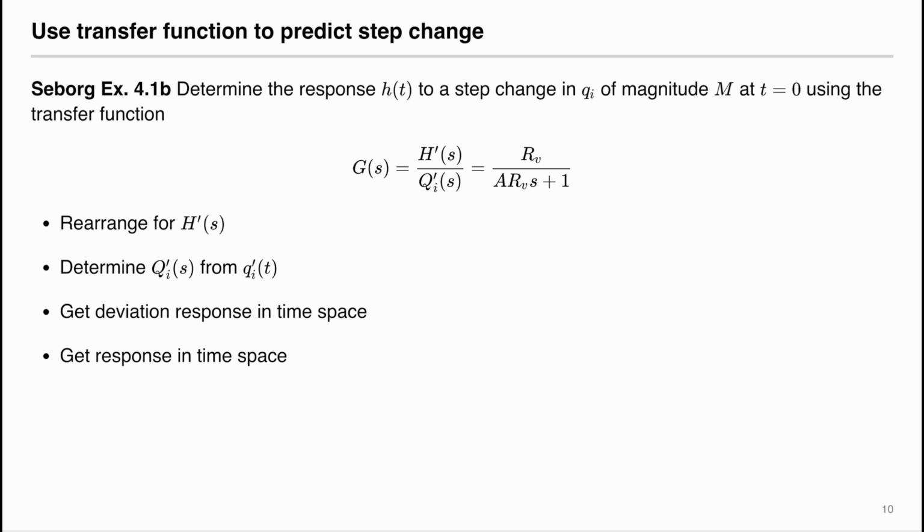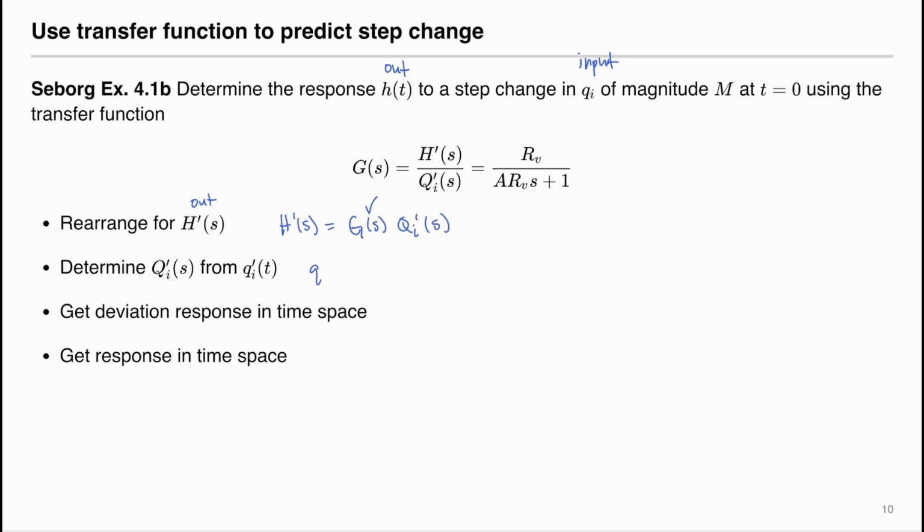Here we want to determine the response of h of t, the output, to a step change in q, which is the input, of magnitude M at t equals 0, using the transfer function we just determined. So again, we want to rearrange for the output deviation in the Laplace space: H prime of s equals G of s times Qi of s. G of s we know, but we don't know Qi of s.